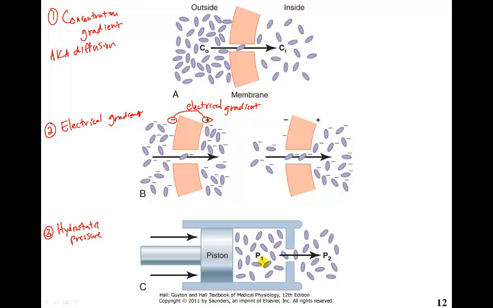This pressure difference is called hydrostatic, a physical pushing on the molecules. It's going to be particularly important for cardiovascular and renal physiology, as we'll see. It's a smaller player for some of the things in the first part of the course, like neurons, but it's going to be quite important for cardiovascular, respiratory, and renal.